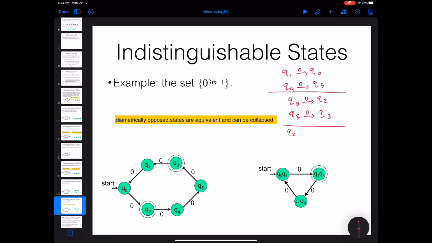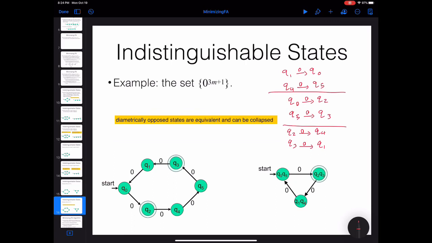Let's check another pair, for example, Q2 and Q3. Both of them are accepting states, so far good, but let's check what would happen over different transitions. I only have transition over 0, so I will check that. From Q2 over the transition of 0, I am going to Q4. From Q3 over the transition of 0, I am going to Q1. Again, I don't know anything about the pair Q4 and Q1.